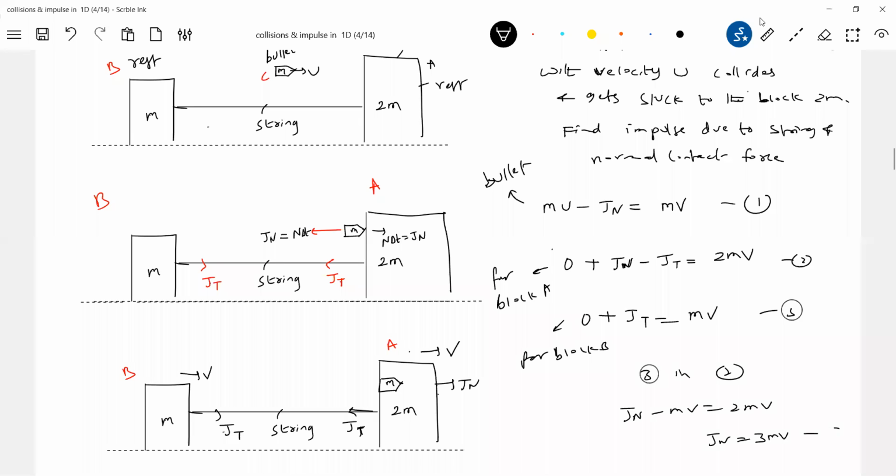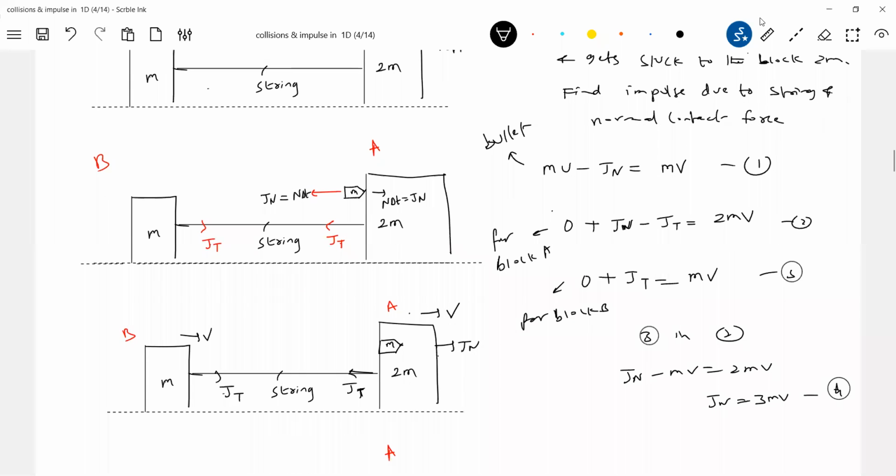Put that in equation 1. mu minus 3mv, since Jn is 3mv, equal to mv.